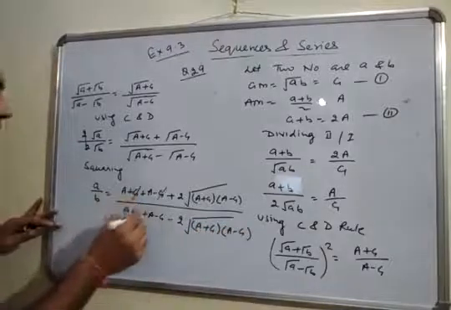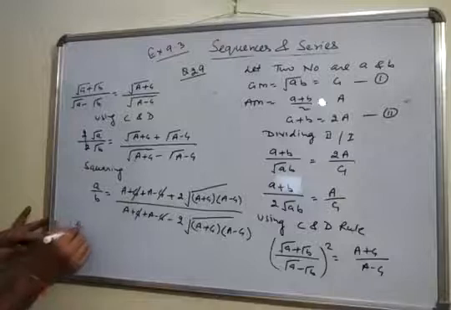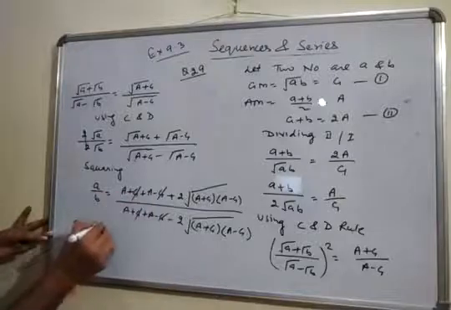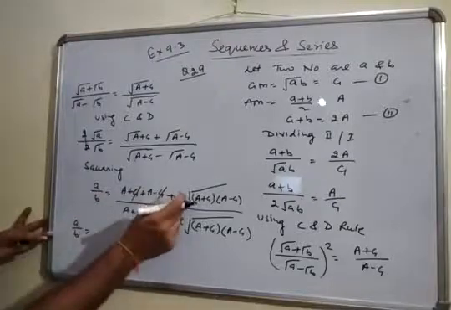G cancelled, G here also cancelled. So A upon B is equal to 2A, 2 common.